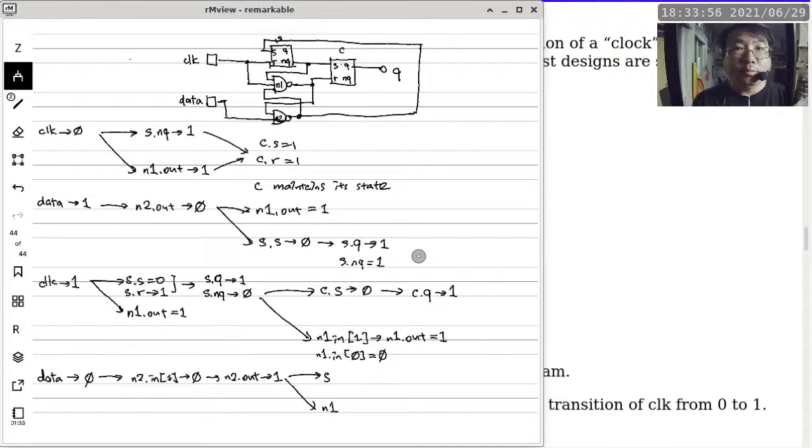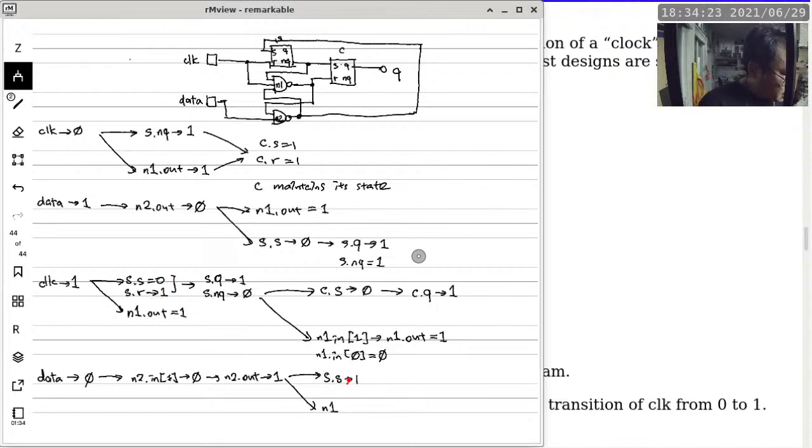So now we start with the SR Latch S and see whether it's going to do anything. As far as the SR Latch S is concerned, S.S is now a 1. And we want to know what is S.R at this point. So we go back and track down S.R. S.R has been a 1 already before.